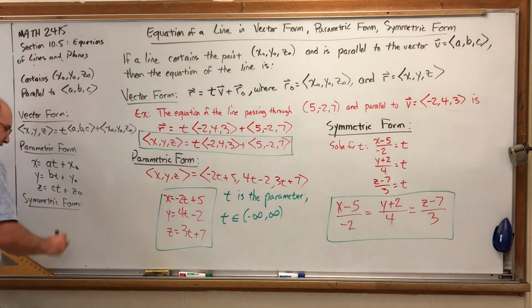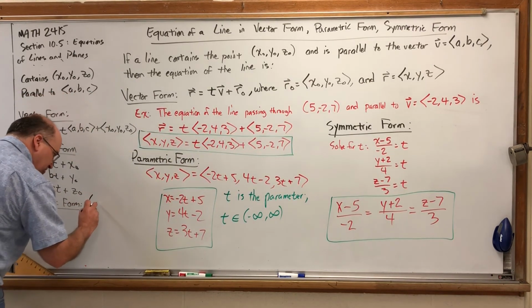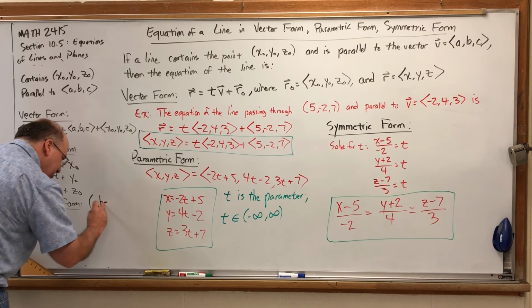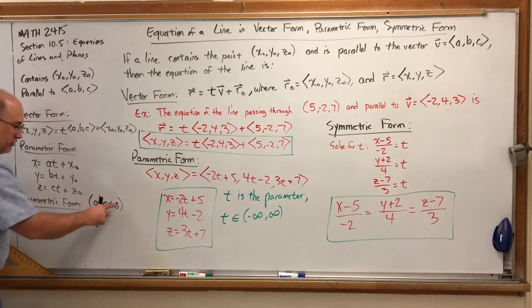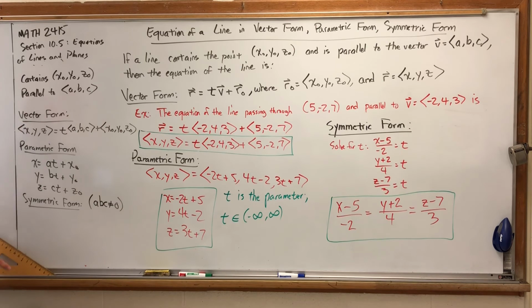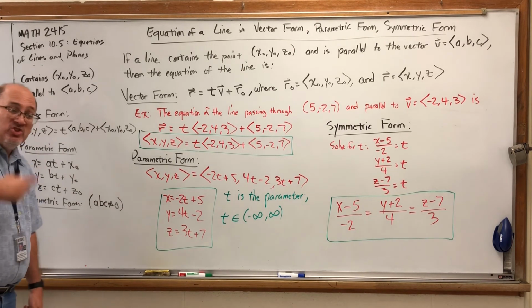Another way of saying that is symmetric form works only if ABC is not equal to 0. Think about what that means. The only way a product can equal 0 is if one or more of its factors is 0. So symmetric form is only an option when the product of the parallel vector's components is not 0.